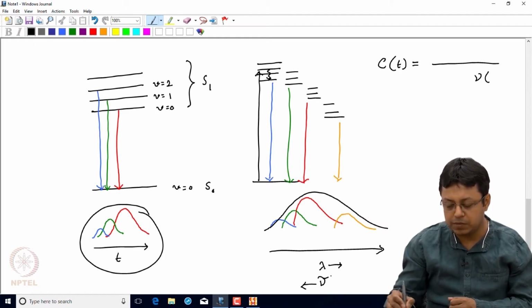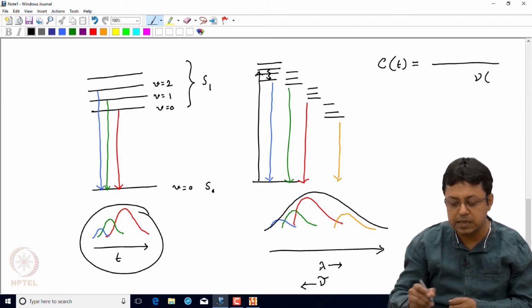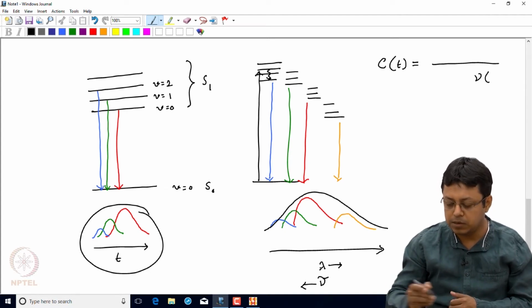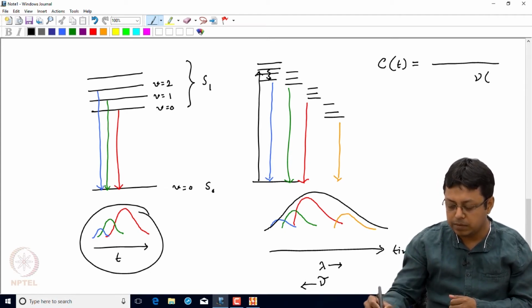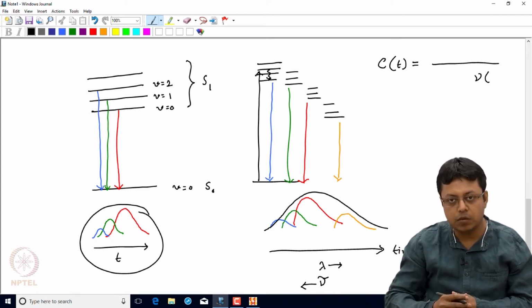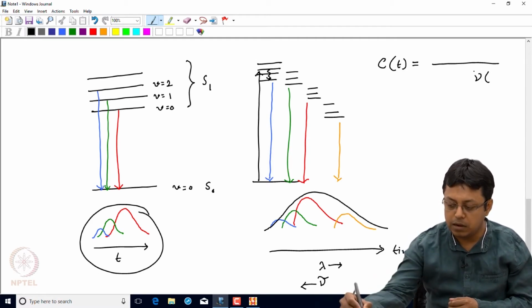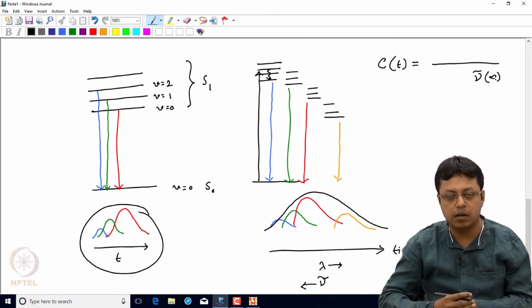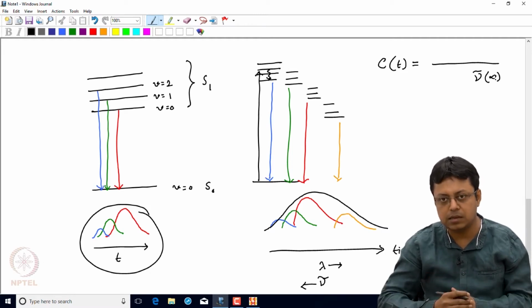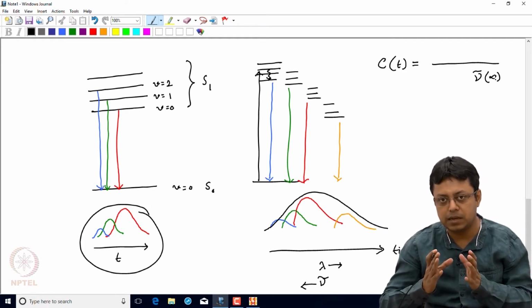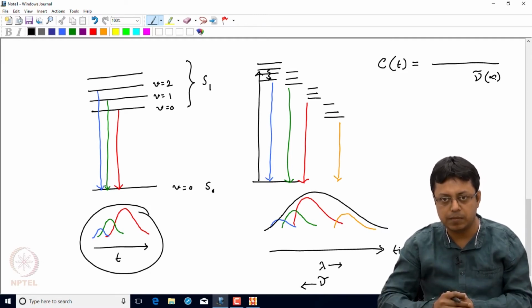The wave number is higher on the blue side, and with respect to time the wavelength increases but the wave number or frequency decreases. So you see blue to red. Now nu infinity is the infinite time spectrum, but again it's not exactly the spectrum, it is basically the central position of the spectrum.